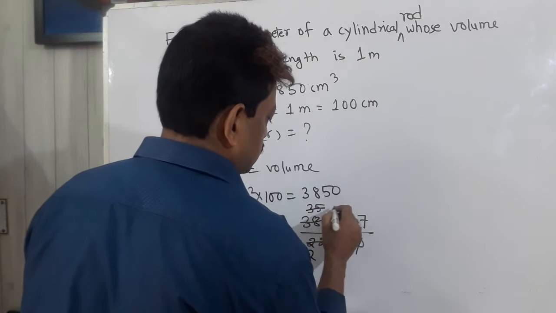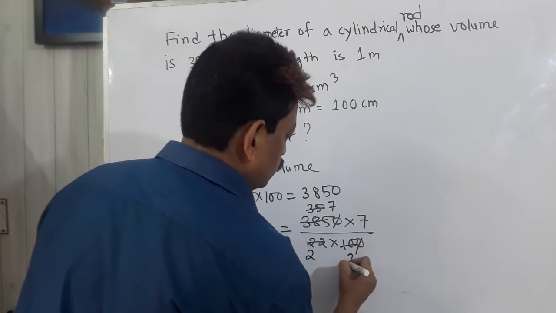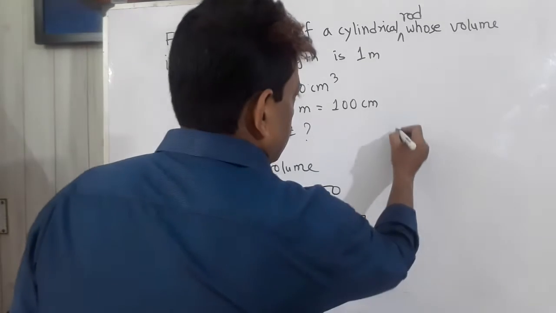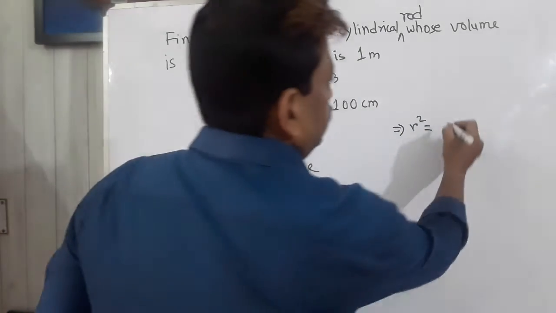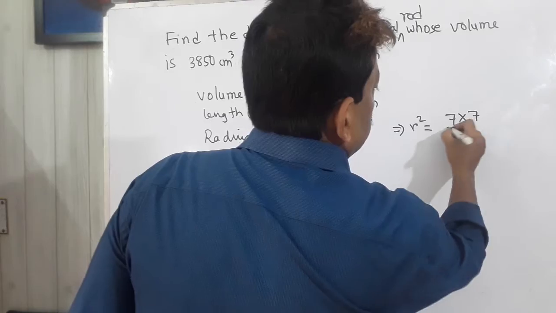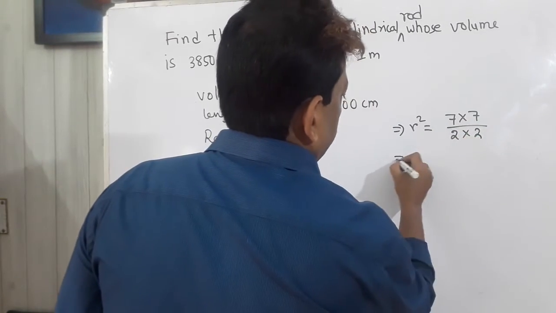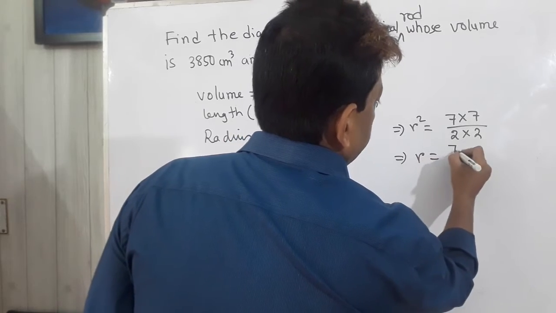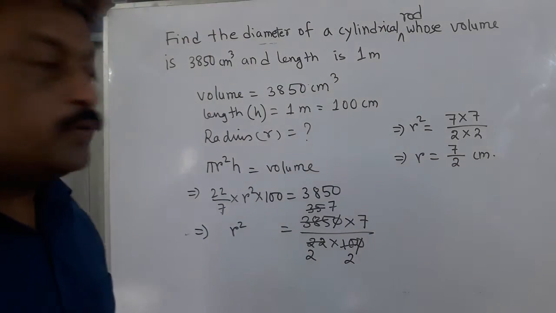So 5 times 7 is 35 and 5 times 2 is 10. So here r square is 7 into 7 divided by 2 into 2. Therefore, r is equal to 7 upon 2 centimeter. The radius is 7 upon 2 centimeter.